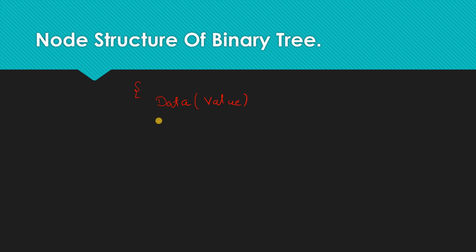The other component is the left reference, the reference to the left node, and the other one is the right reference, the reference to the right node. So suppose this is your node, so this will contain the data, it will contain the reference to the left node, and it will contain the reference to the right node. Okay.